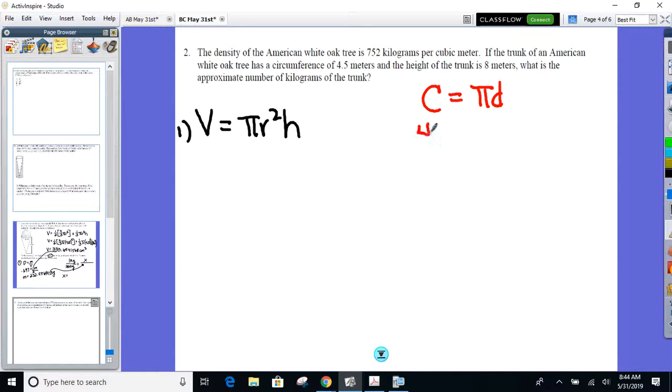So I have 4.5 equal to pi d. We can solve for the diameter.